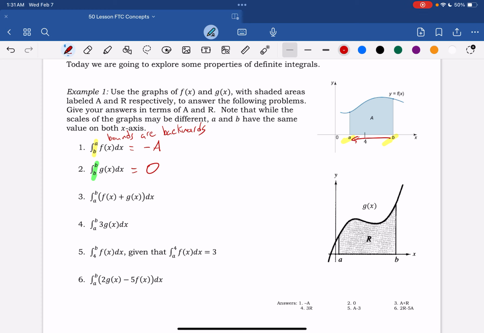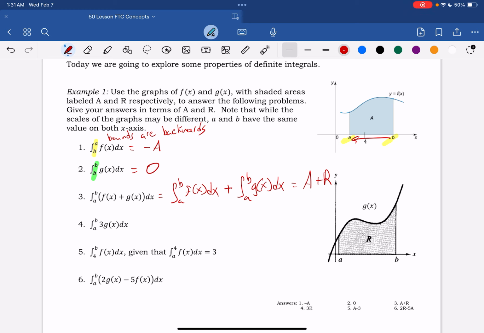What we can do is separate these and say that this is really the integral from a to b of f of x, and then we're going to add to that the integral from a to b of g of x, which is just going to give us a plus r, and that would be our answer.